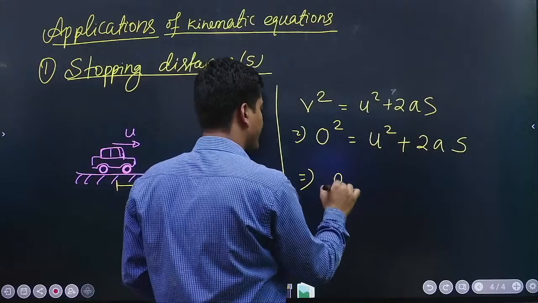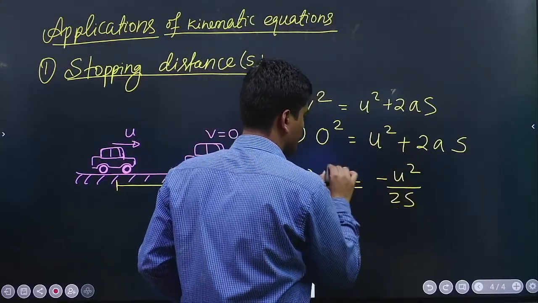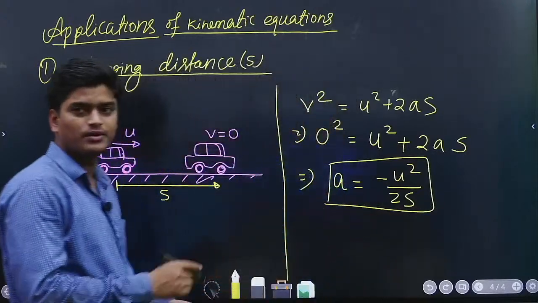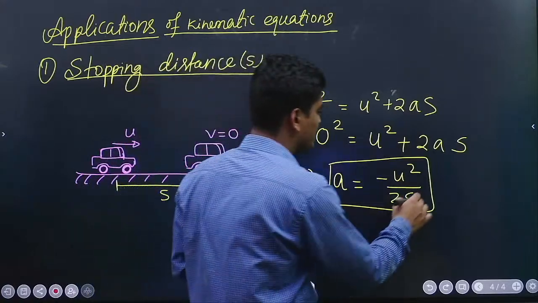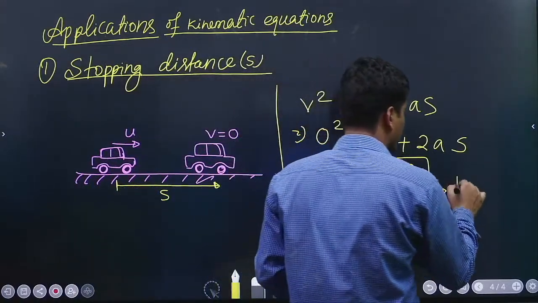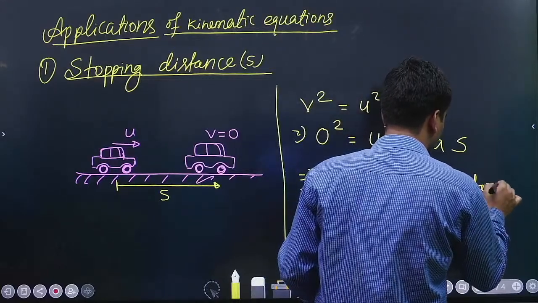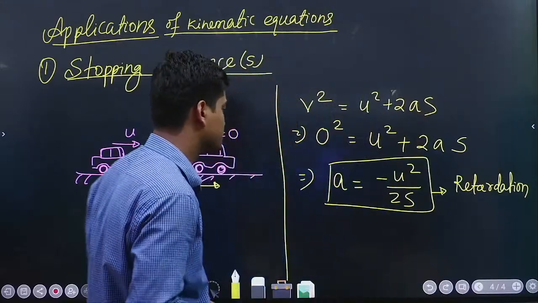If I want to find a, it comes to minus u square by 2s. That means the acceleration is negative, and negative acceleration means deceleration or retardation. Sometimes u and the stopping distance will be given and they'll ask about retardation, which is nothing but minus u square by 2s.